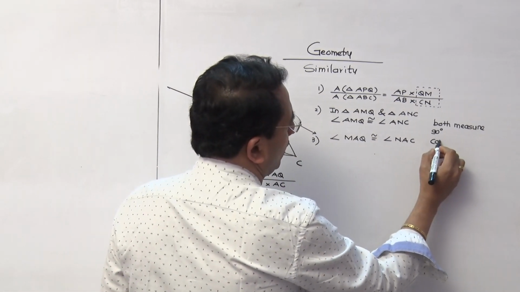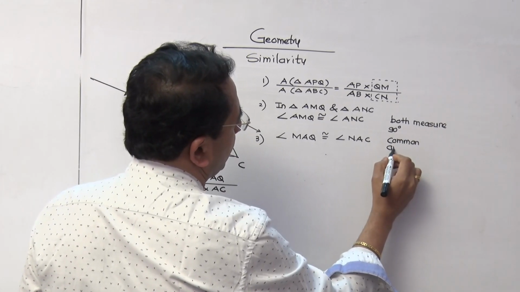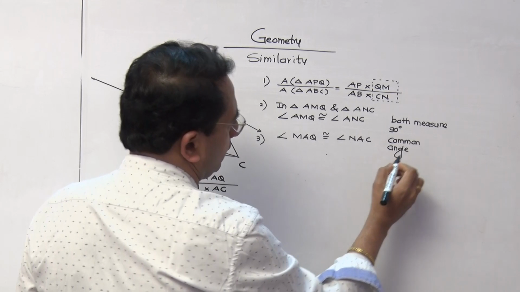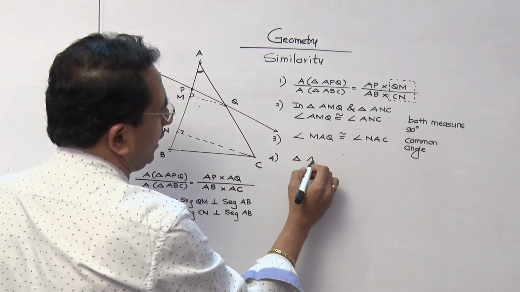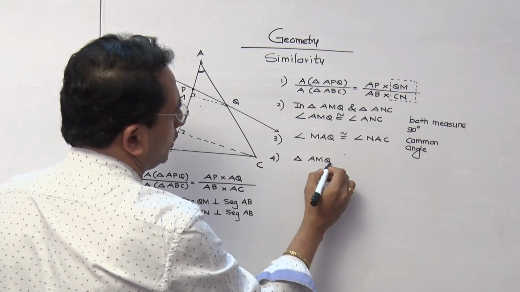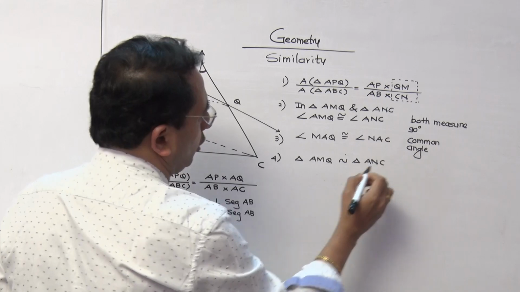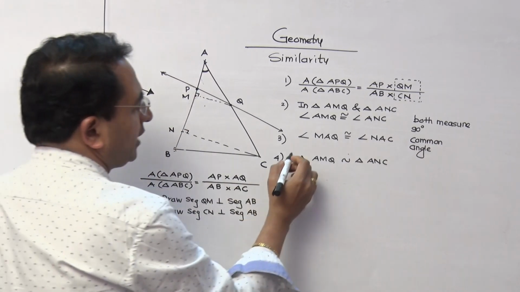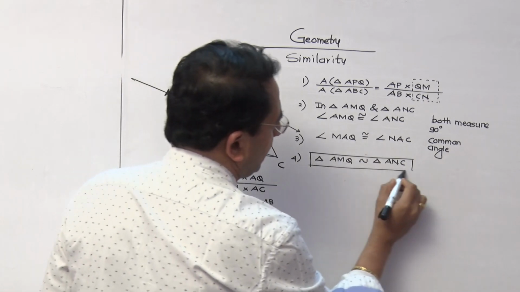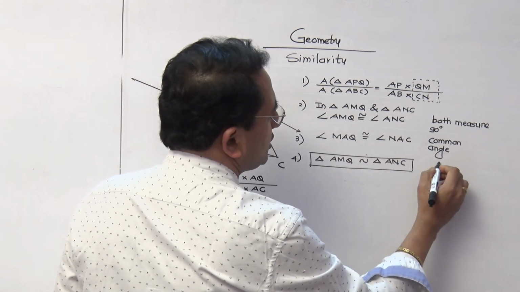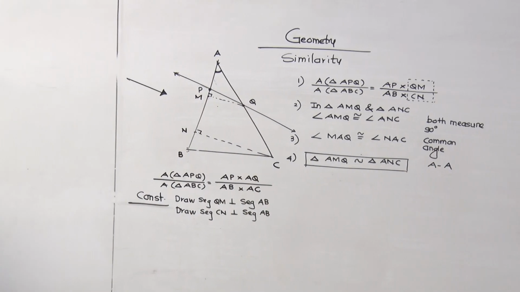This is what we have to write as common angle. Correct? Now the fourth one. Triangle AMQ is similar to triangle ANC or not? Triangle AMQ is similar to triangle ANC. Reason is a test of similarity.